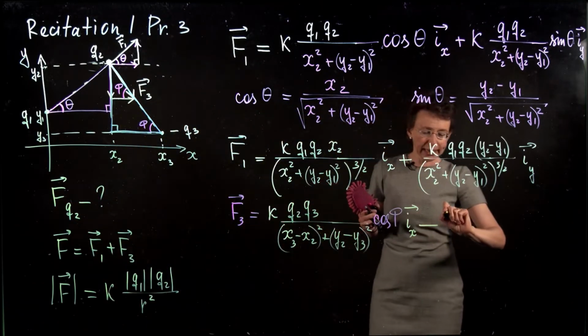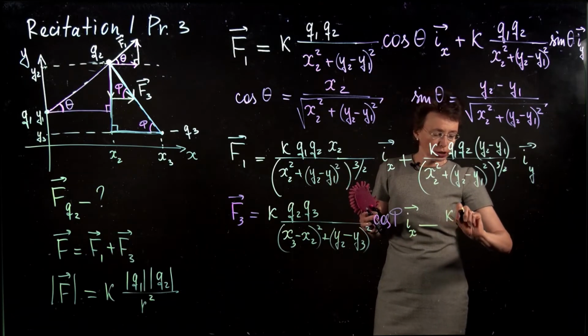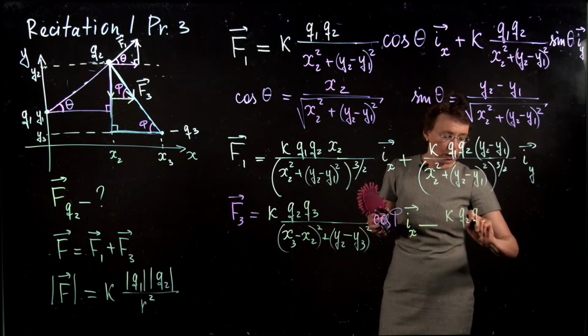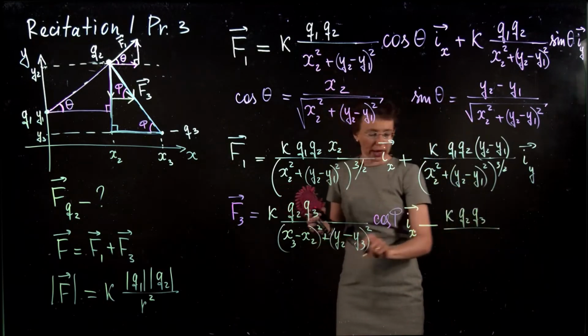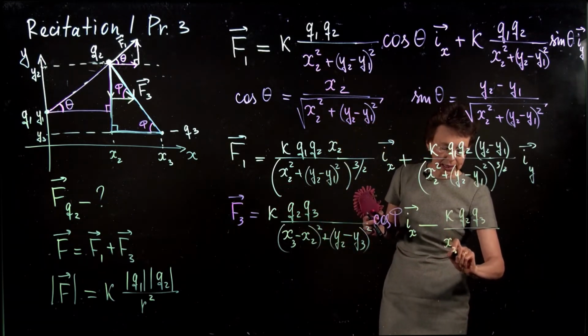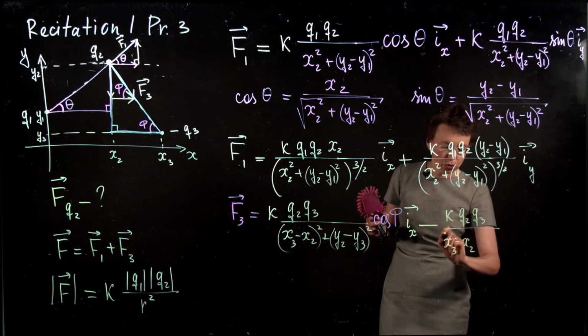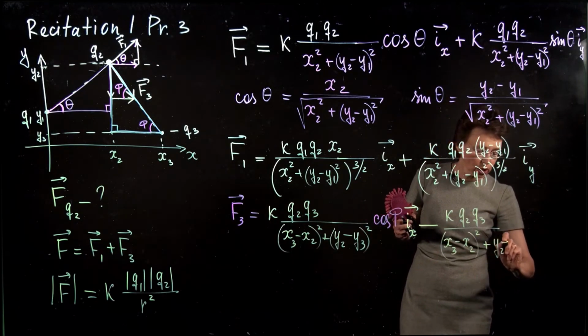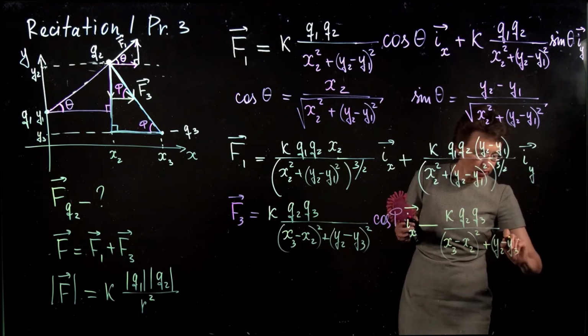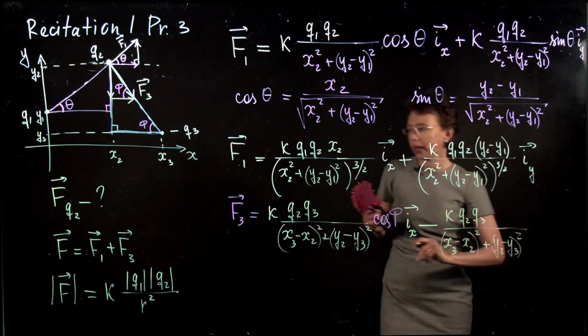And then k, product of charges q2, q3, divided by the distance between them squared, where the distance is x3 minus x2 squared plus y2 minus y3 squared. Let's check, is that right?